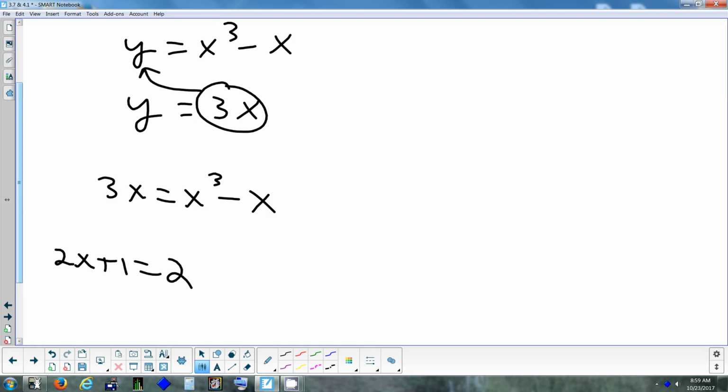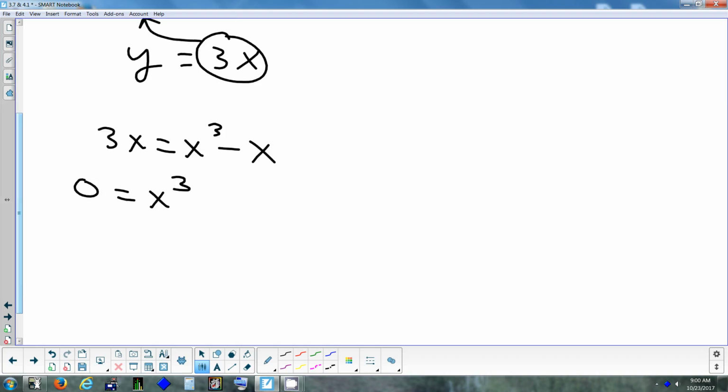So another approach would be to get it equal to 0, like if you're solving a quadratic, and then we hope that we can factor it. So we get 0 equals x cubed, and what would be my x term?